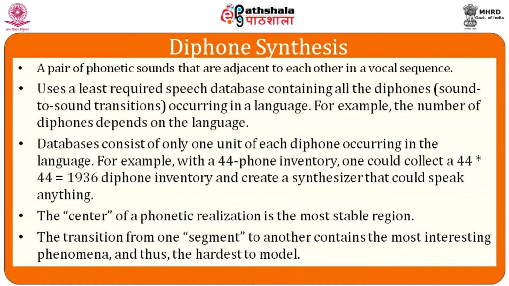For example, with a 44 phone inventory, one could collect 44 into 44, that is 1936 diphones, and create a synthesizer that could speak anything. That is, all the phone transitions are covered such that any possible sequence of speech sounds in the target language could be produced. As diphones capture the transitions from one sound to another, they capture the acoustic quality of an individual to a good extent.